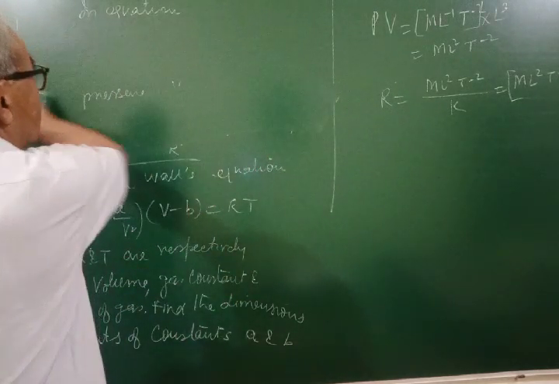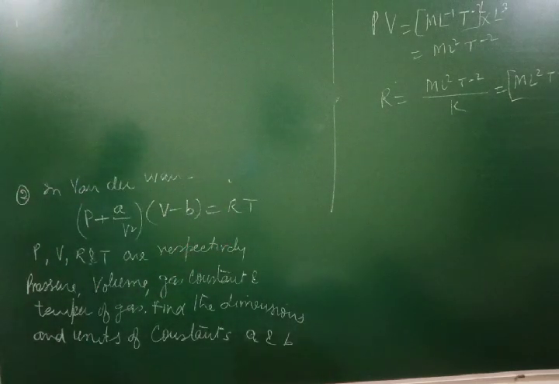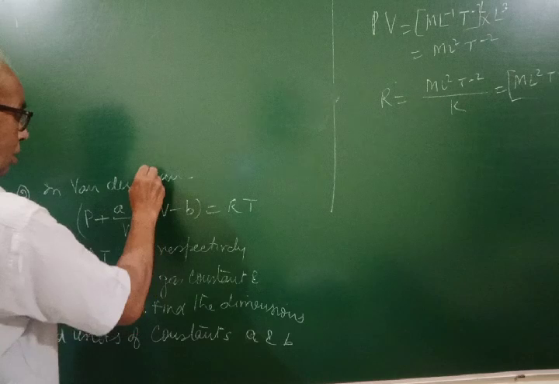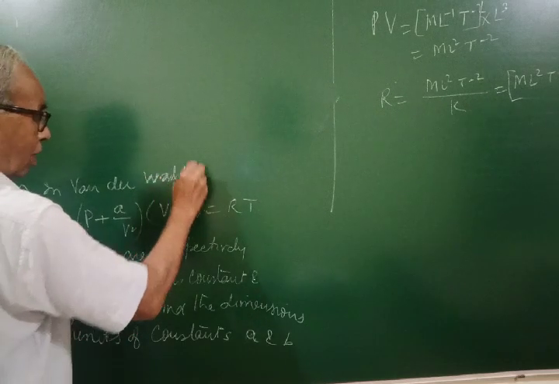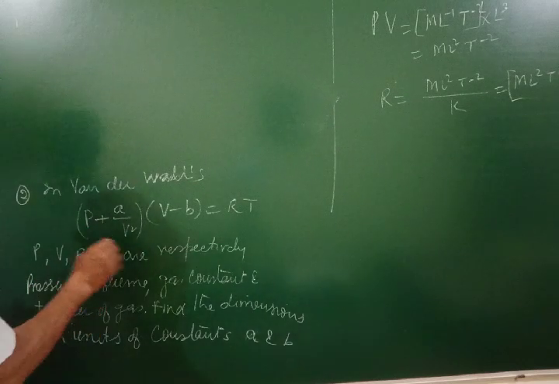Now the other question here is this: the Van der Waals equation of state of gas, (P plus A upon V square) into (V minus B) equal to RT.